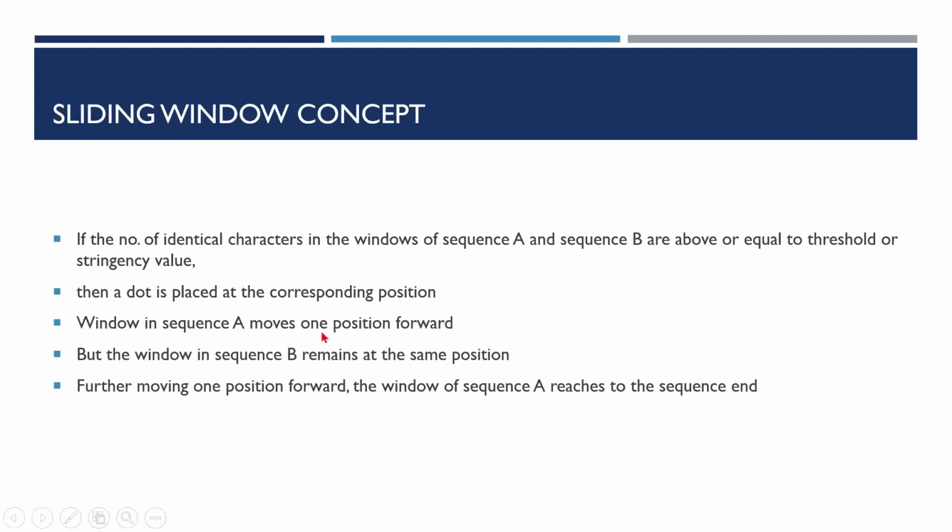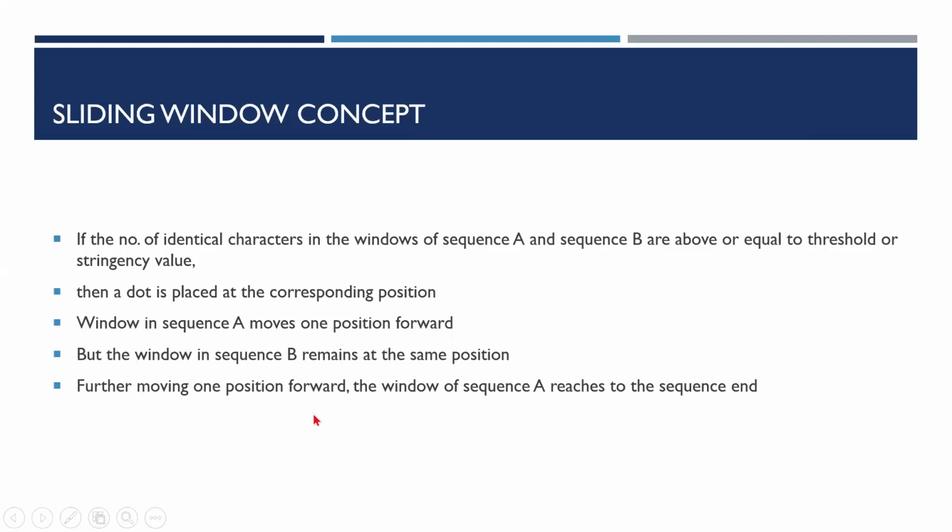When the window in sequence A moves one position forward, the window in sequence B remains at the same position. Again, the comparison takes place to decide whether the dot is to be placed or not. How? If the number of identical characters is above or equal to the threshold value, then a dot is placed. Otherwise, it will not be placed. Then again, it moves one position forward.